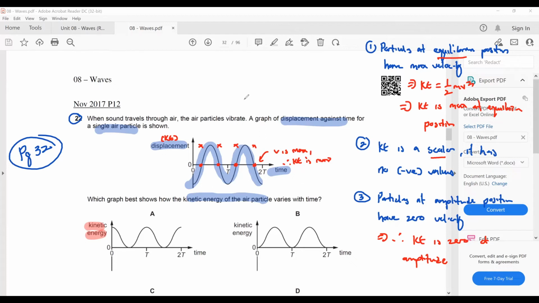That one will be indicated by these points here. I think I use black color. See, these points in triangle is where V is zero. Therefore, KE is zero. Okay, so if I try to plot the KE point, the KE being zero, it will be here, here, here, and here. Okay, so now I try to join those lines together. I get something like this.